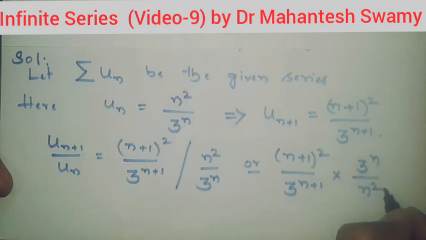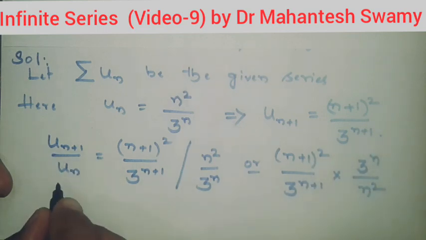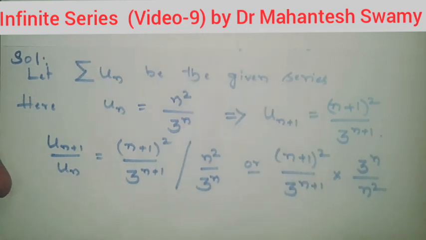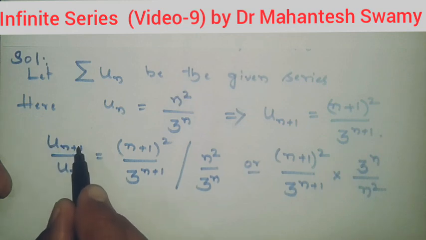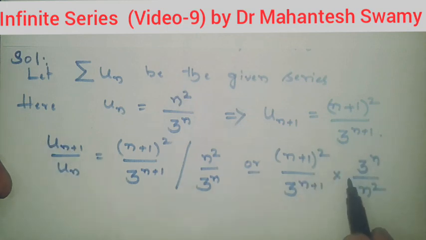So this is a preferred way of writing un plus 1 divided by un. The same thing we will be following for our further examples. So this is un plus 1 into the reciprocal of un, that stands for un plus 1 divided by un. So writing un plus 1 divided by un is so easy.